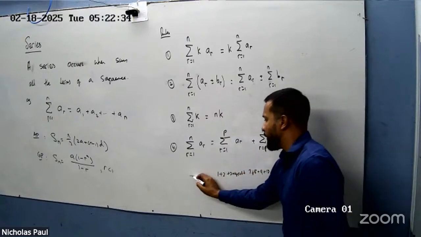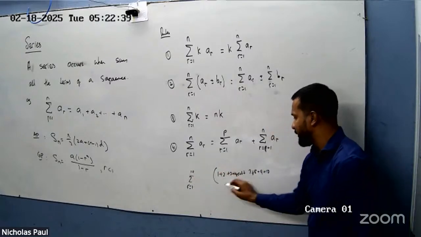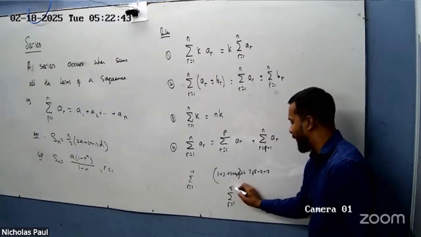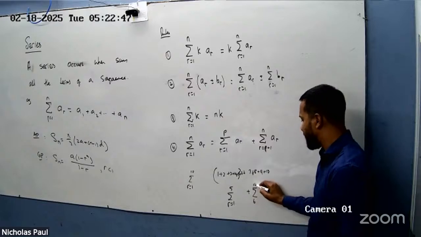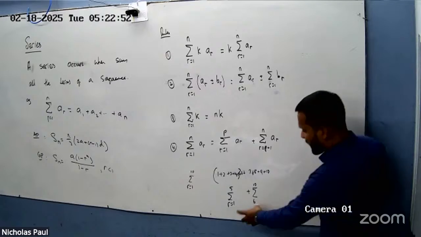So the summation of r going from 1 to 10 is the same as, I can break it up here, the summation of r going from 1 to 5 plus the summation of the sixth term, so that will be 6 to 10. I'm just showing you how I'm breaking it up.